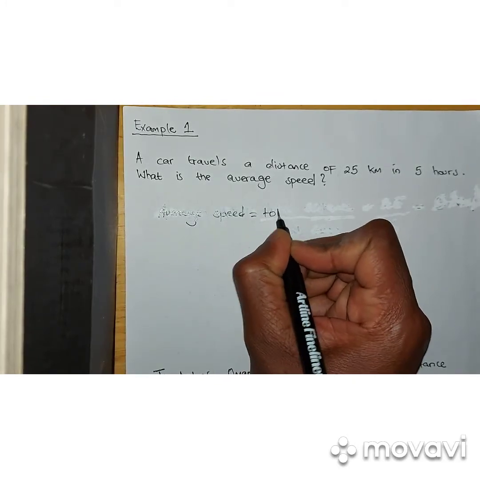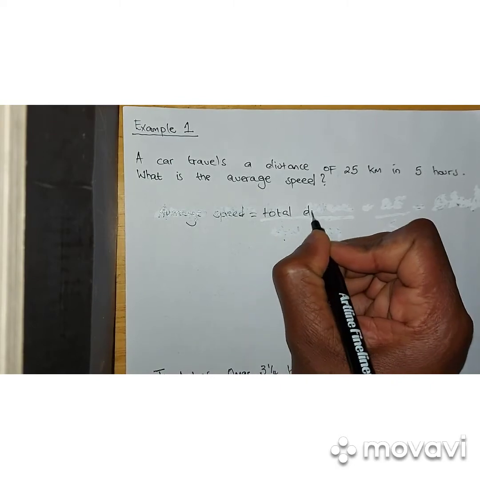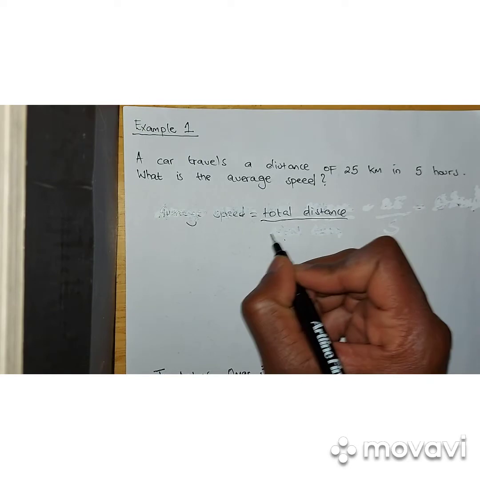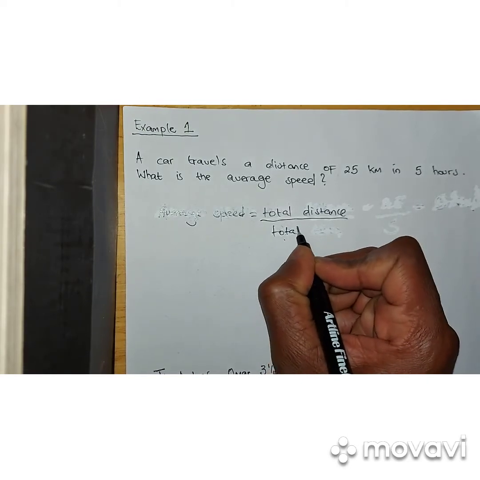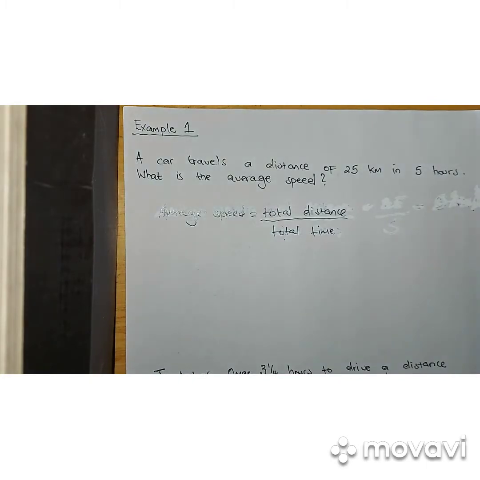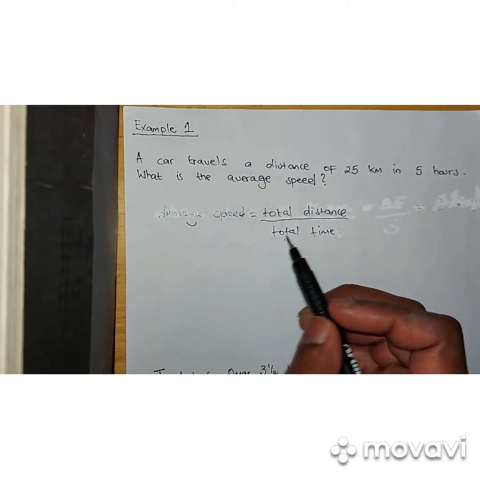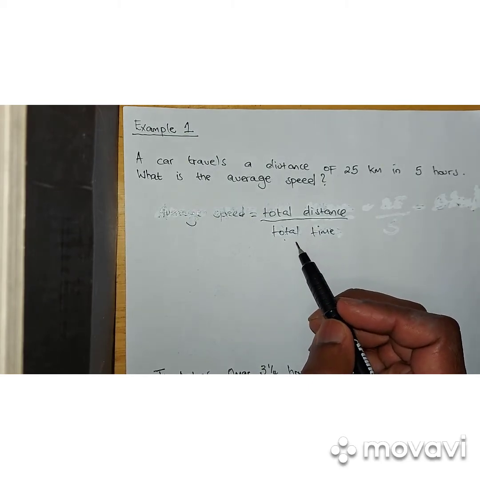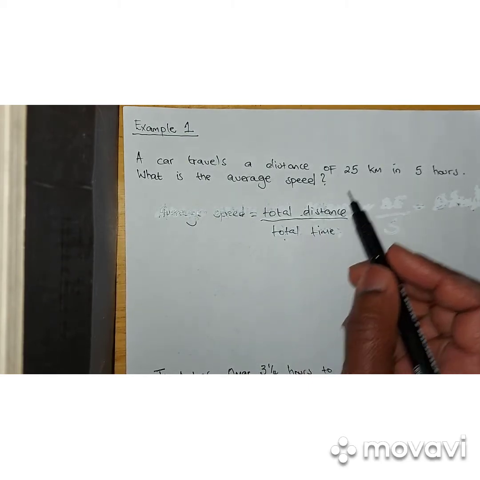Average speed, remember, is equal to total distance over total time. So in order for this formula to work, we must know the total distance, we must know the total time. Have we been given the total distance? Yes.